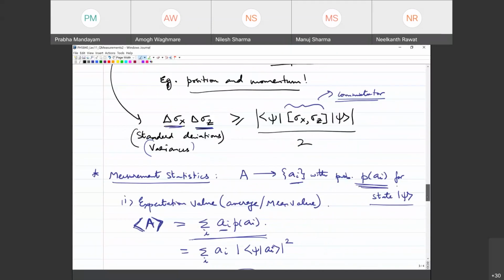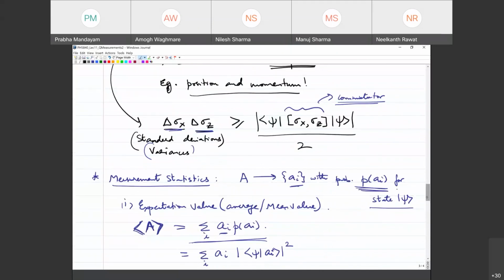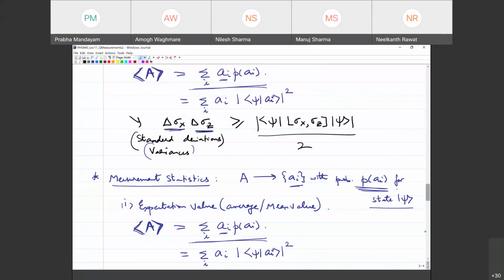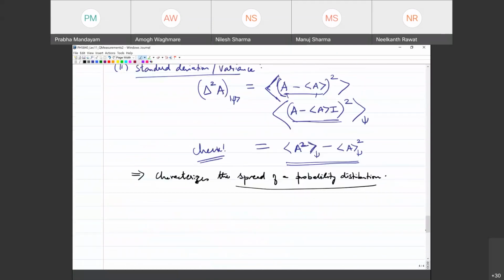So this spread of the probability distribution is what Heisenberg thought is a good measure of what is called the uncertainty in the value of the observable.